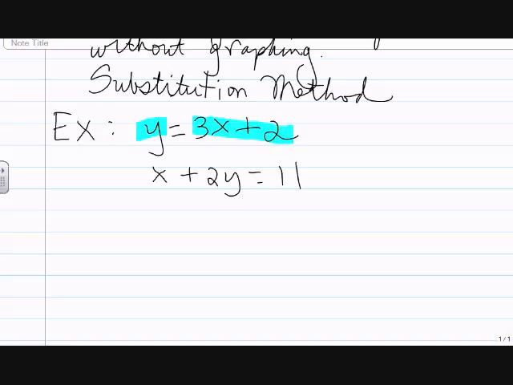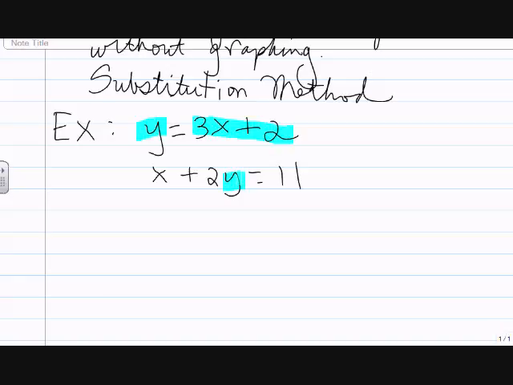When I have one of my variables isolated on one side of the equal sign, and in my other equation I don't have my variable isolated, I find that isolated variable, that y, in the second equation.